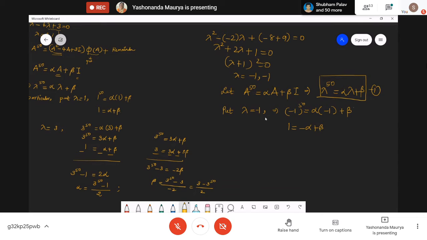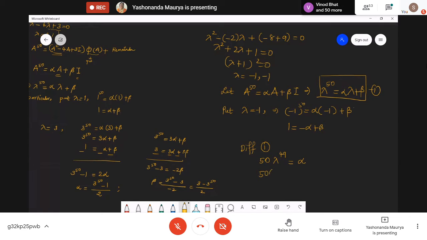When we differentiate equation number 1, we get 50 lambda raised to 49 is equal to alpha. The derivative of alpha lambda is alpha, and beta into the derivative is 0. So finally it will be only alpha. Is this clear? Now this equation will be satisfied by the repeated eigenvalue.